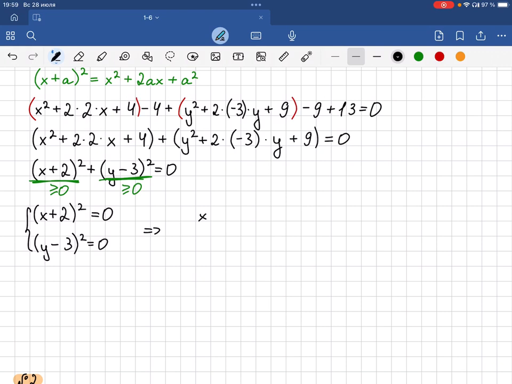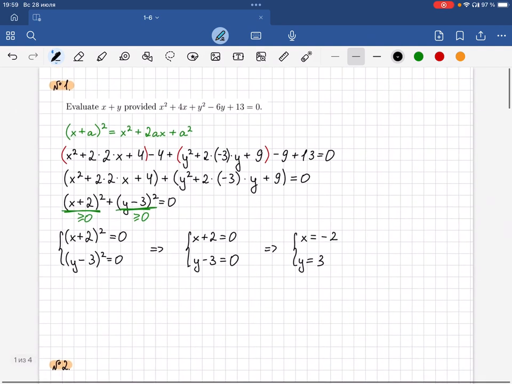Which means that x plus 2 equals 0 and y minus 3 equals 0. Which gives us that x is equal to minus 2 and y is equal to 3.